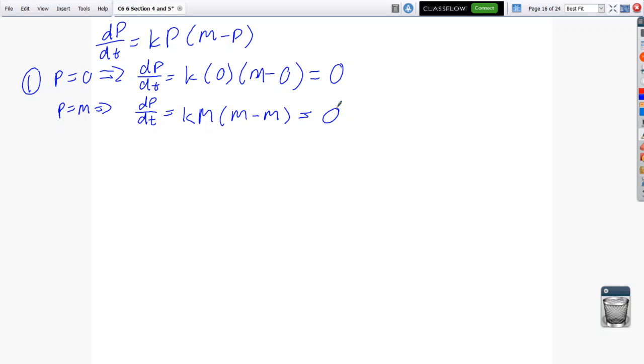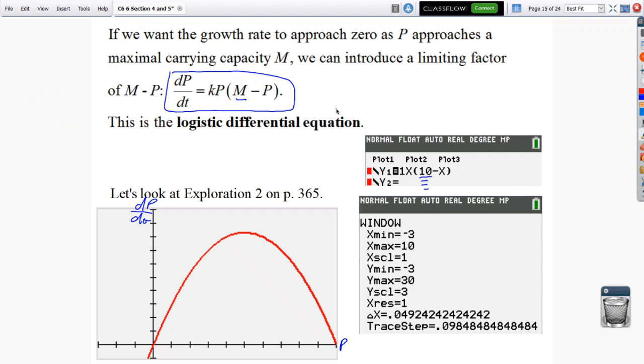So let's look back at our graph right here. We know how parabolae work. If we can find our two intercepts right here, we know that the vertex of the parabola is at exactly halfway between there. So the vertex of the parabola is going to be when p is equal to halfway in between these two values. Well, we just figured out what those two values are. 0 and m.